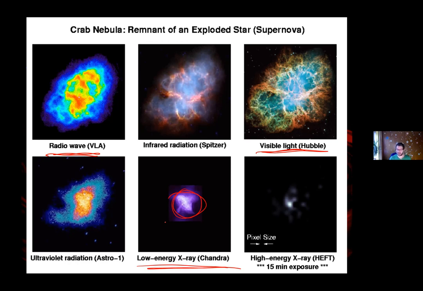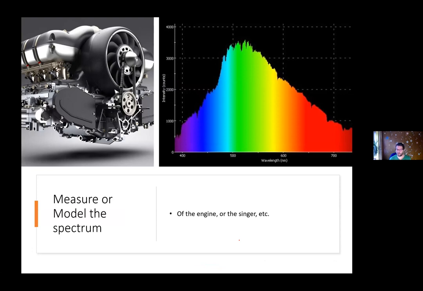So all this just to say that when you look at an object, and in this case, it's just a motor, that motor will have different temperatures, that different parts of that motor will emit a different type of light, just because it's a different temperature.